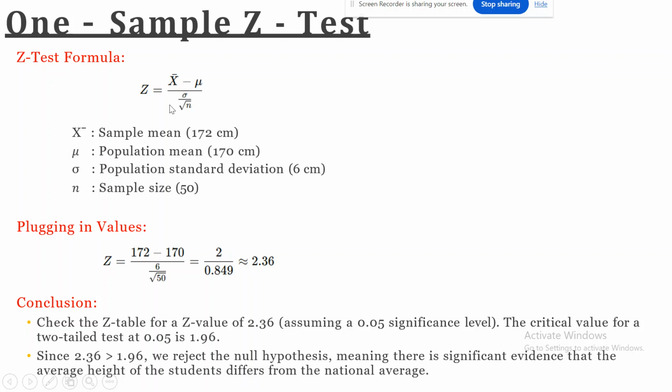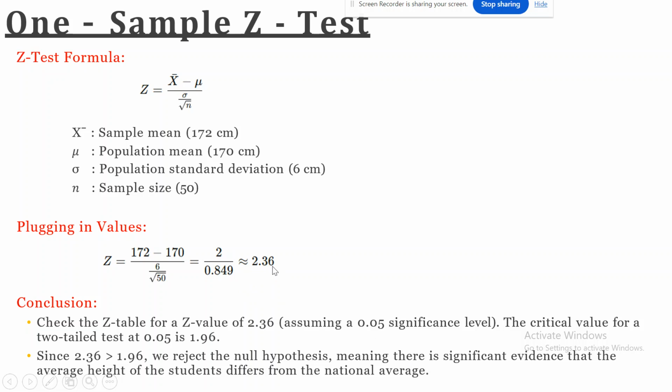For this purpose, we use the z-test formula, where we take the sample mean minus the population mean, divided by the standard error. In the standard error, we have the population standard deviation divided by the square root of the sample size. Here we have a z value of 2.36, and for this purpose we will use the z table.